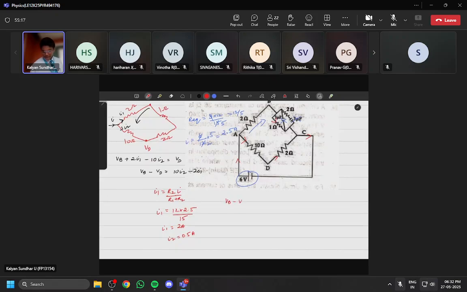So VB minus VD will be equal to, இந்த equation substitute பண்ணினா 10 into I2, 0.5 minus of 2 into 2.